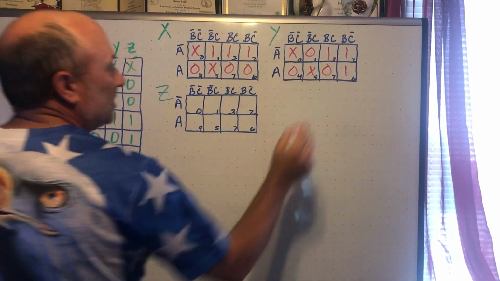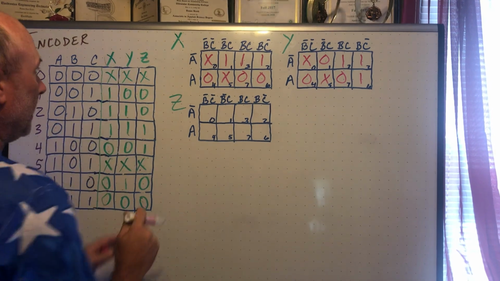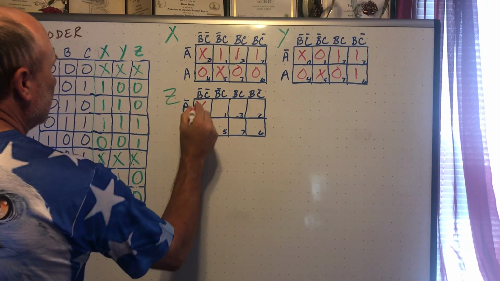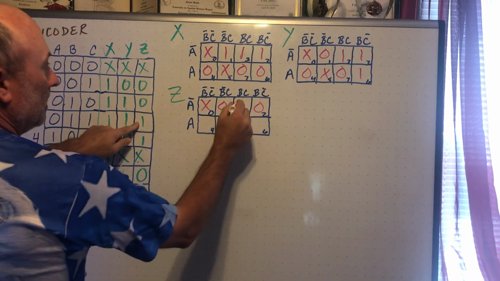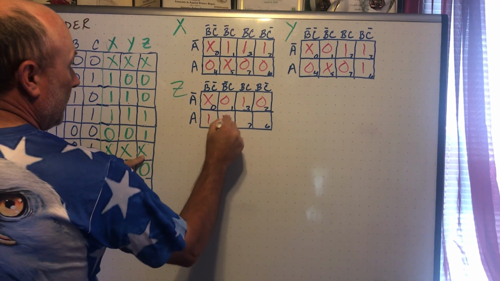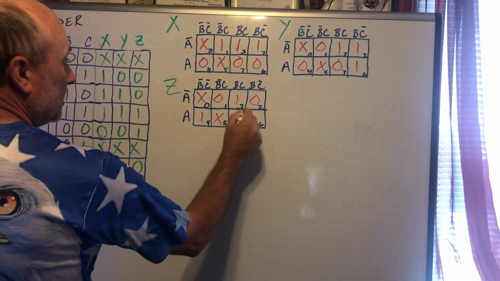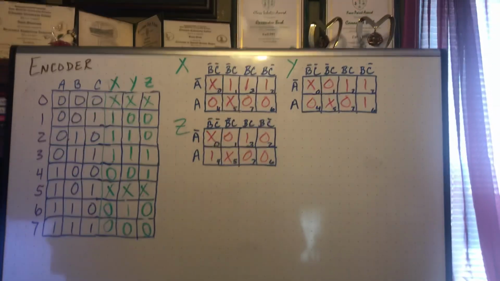And 7 is a 0. So now I have that K map filled in. Now I'm going to do Z. 0 is an X. 1 is a 0. 2 is a 0. 3 is a 1. 4 is a 1. 5 is an X. 6 and 7 are both zeros. So now I have all my K maps filled in.